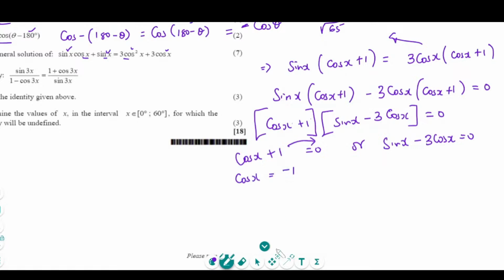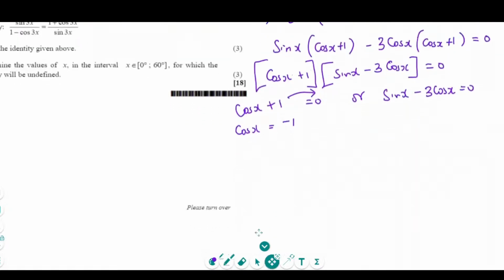Then I must find my reference angle. For me to do that, I must use the shift cos or the arc cos. So x is going to be the arc cos of -1. So shift cos of -1 is going to give me 180.